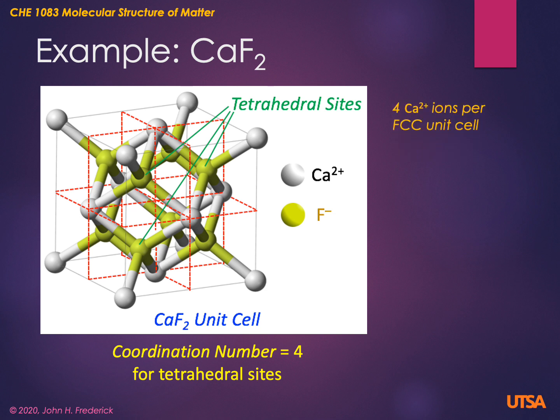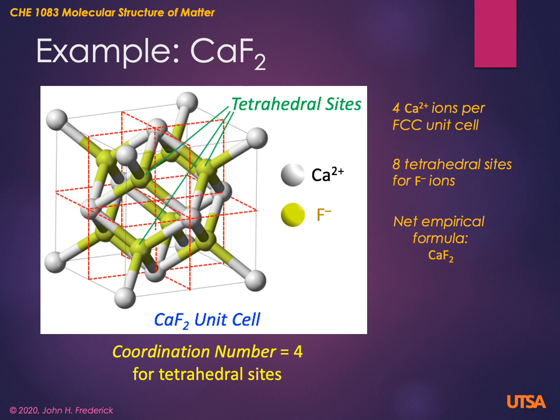So we have 4 calcium ions per FCC unit cell. Remember, that was the number of atoms that we found in a face-centered cubic unit cell. And 8 tetrahedral sites, and each of them is occupied by a fluoride ion. So the net empirical formula is that we have twice as many fluorides as we have calcium. So here's an example where the relative charges on the two ions dictate how many of those tetrahedral sites must be filled.